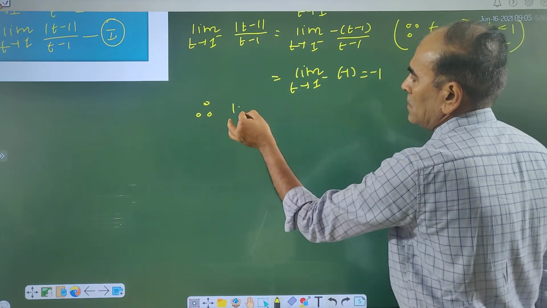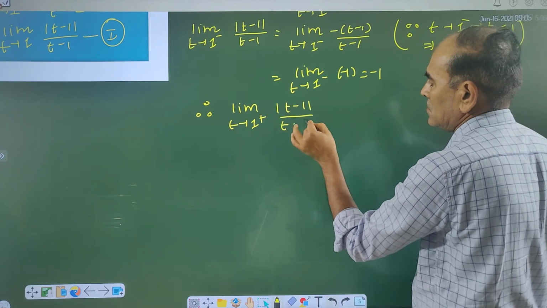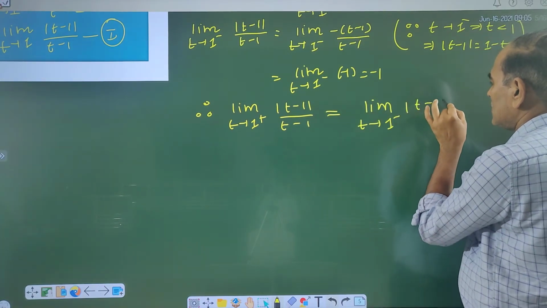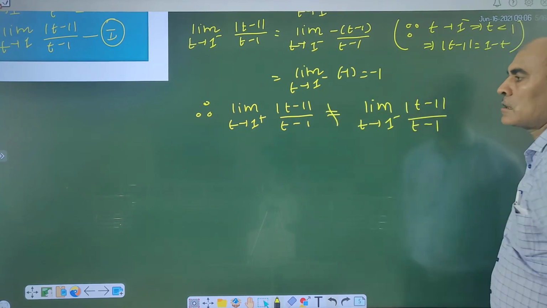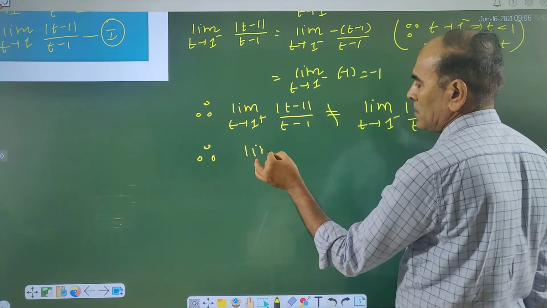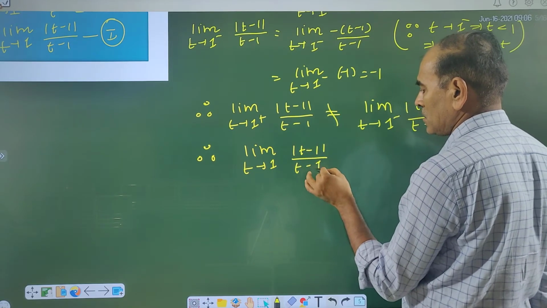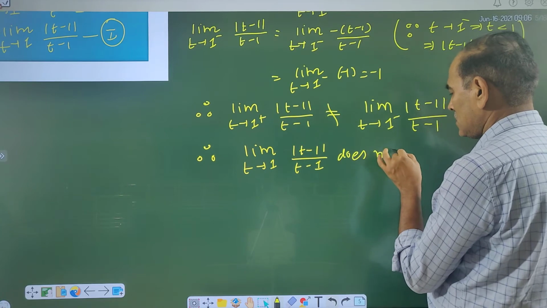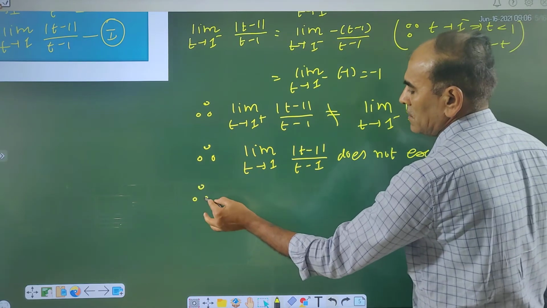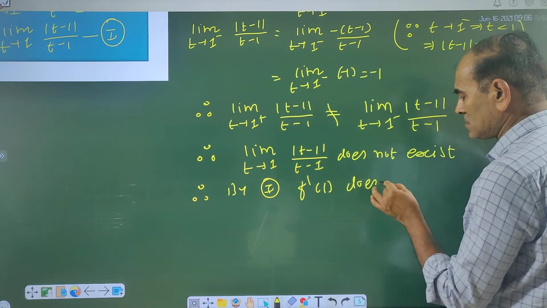So what we are writing here? And therefore this right hand limit exists as well as the left hand limit also exists, but they are not equal, and therefore the limit does not exist, and therefore limit t tends to 1 of magnitude of t minus 1 upon t minus 1 does not exist.